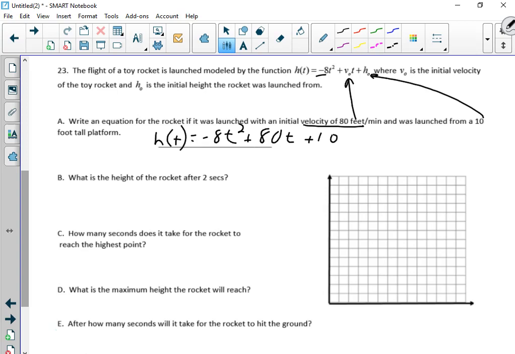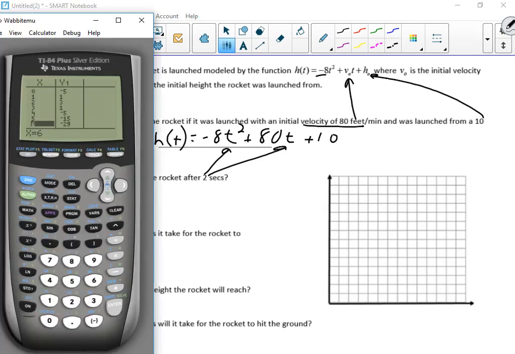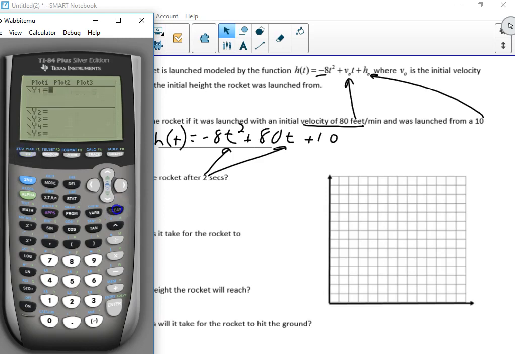So, where was it in 2 seconds? Well, I can plug 2 in here. I also use my handy dandy calculator. So I'm going to put this in. Y equals, clear it out, -8x squared plus 80x plus 10. Okay?